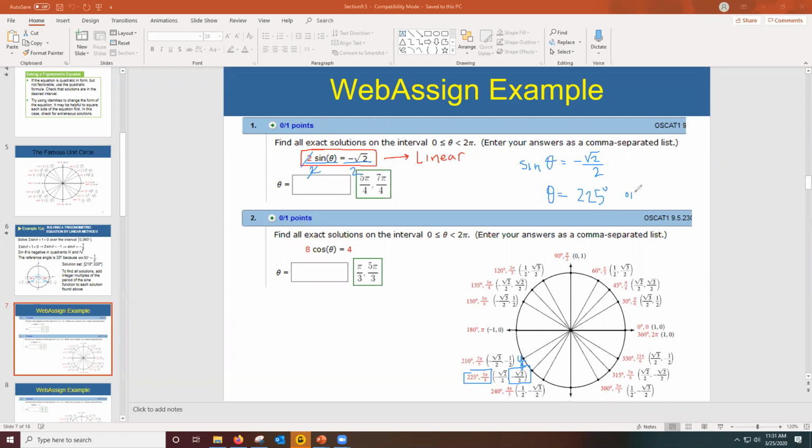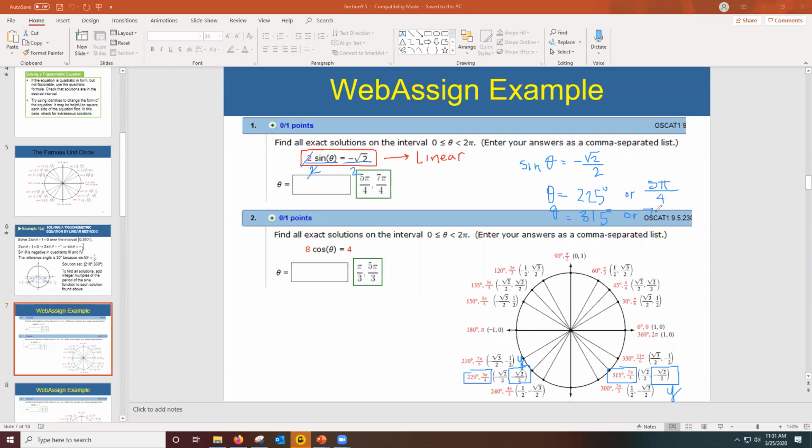So that's one solution. But remember, there could be more than one solution to these equations. So I'm going to keep looking, and I'm noticing down here in the lower right corner is another y value that's -√2 over 2. That angle looks like it's 315 or 7 pi over 4.